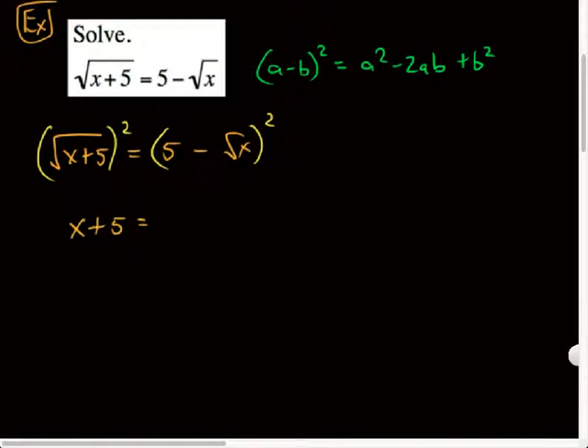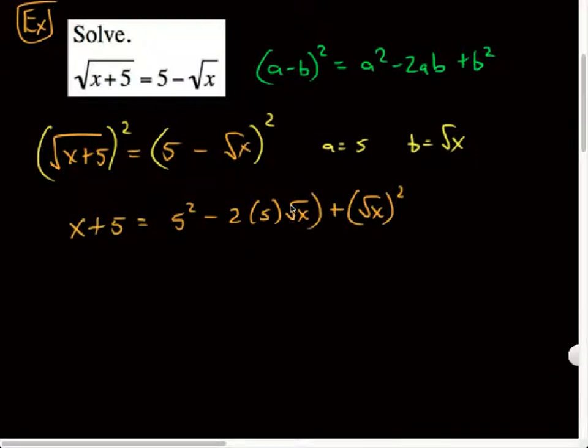So I actually have to use a straight up pattern for this. So a is going to equal 5, b is going to be the square root of x. I'm just going to plug it in for the a's and the b's right there. So, 5 squared minus 2 times 5 times the square root of x plus the square root of x squared.